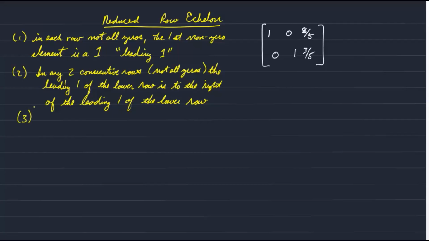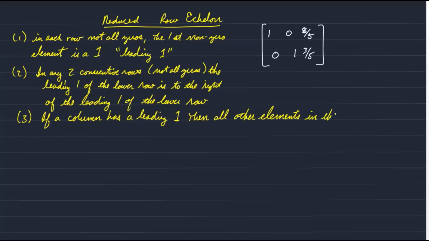The third definition is if a column has a leading one, then all other elements in that column are zero.